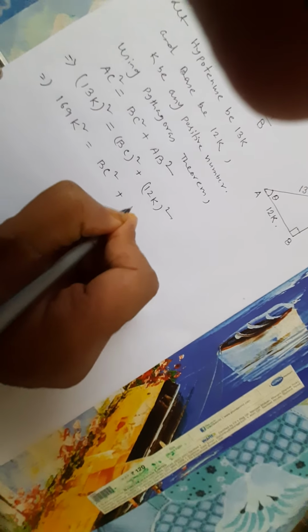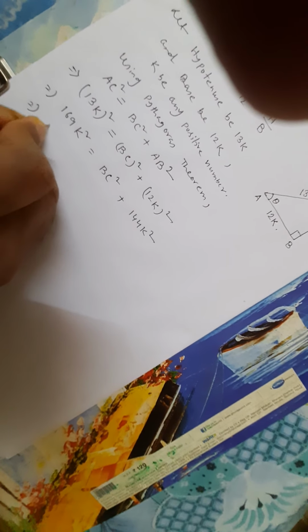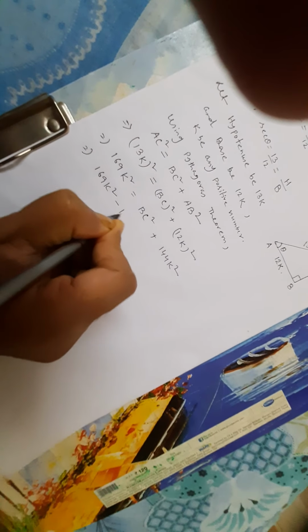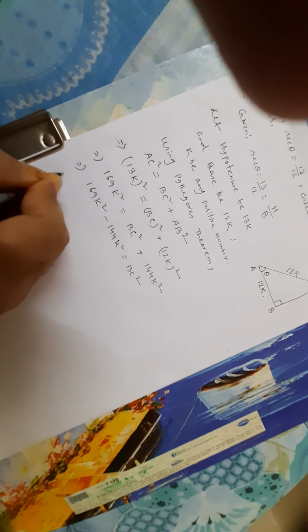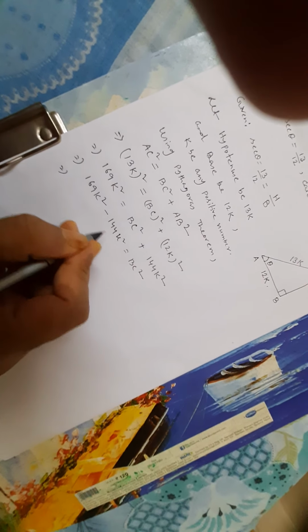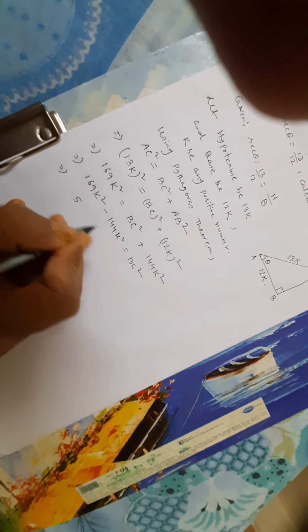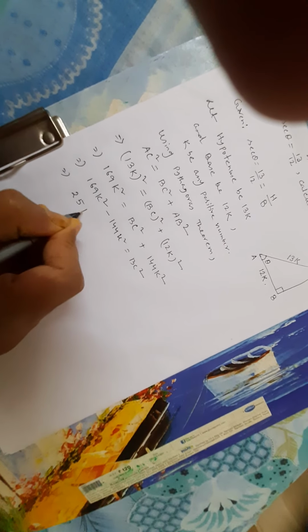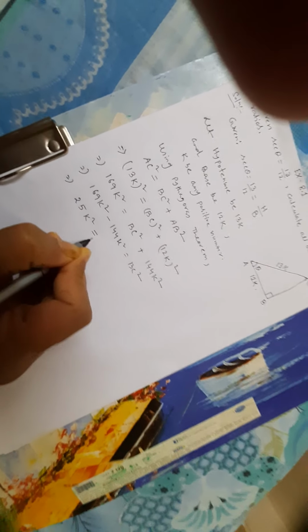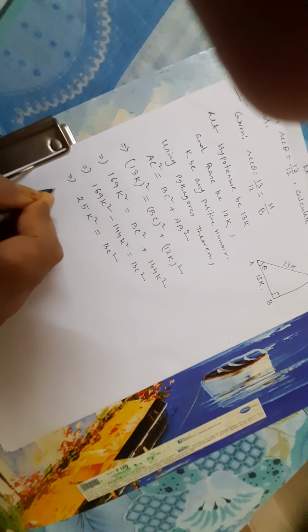into 12, 144k square. Now 169k square minus 144k square equal to BC square. So 169 minus 144: 9 minus 4 is 5, 6 minus 4 is 2, that is 25k square equal to BC square.